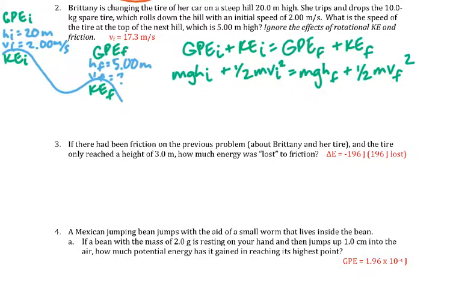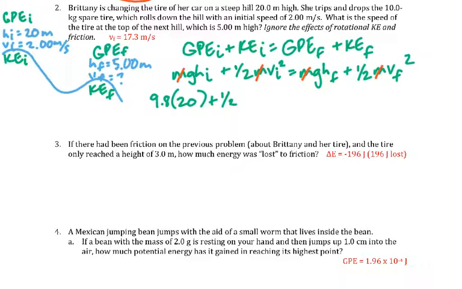You can actually cross out the masses because we're talking about the same tire throughout the equation, and so that mass would cancel itself out anyway. And then from there, you're just going to plug in numbers. So G is 9.8. I'm going to skip writing the units for the sake of space here. If you do that, just make sure you're writing the correct numbers in the correct spots.